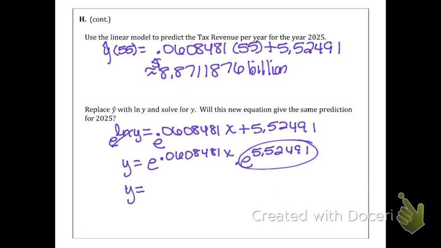So e to the 5.52491 is approximately 250.863991. And that's times e to the 0.0608481x. All right, and then if I want to prove it, all I have to do is plug in that 55 again and make sure I get the same answer I got earlier, and you will.